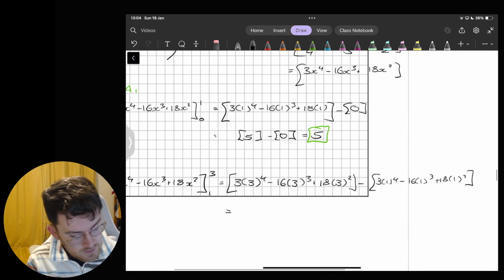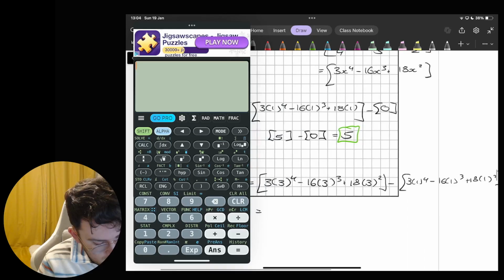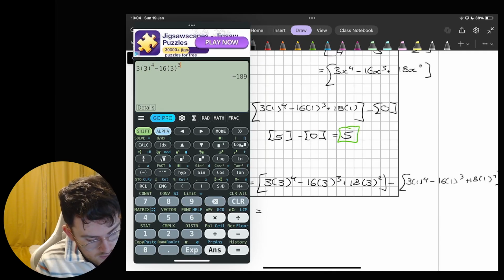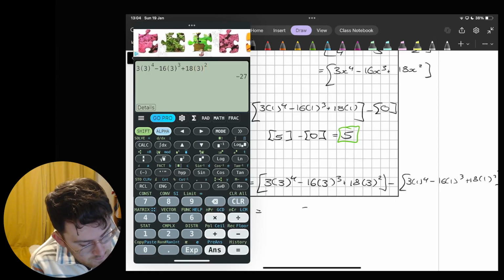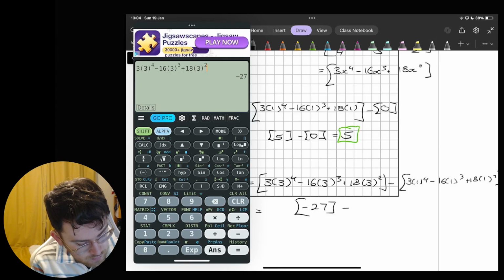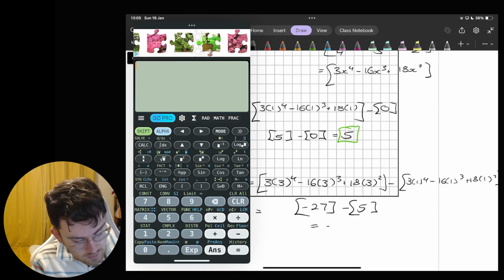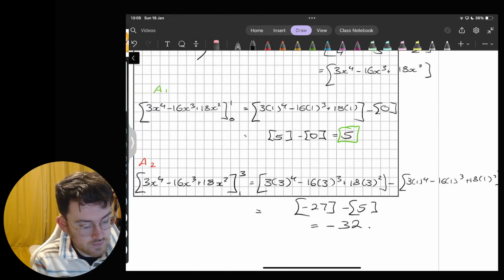Okay, so let's work these out. We'll start with the 3 first of all. So 3 times 3 to the power of 4 minus 16 times 3 cubed plus 18 times 3 squared gives 27, minus the 1, which we already know is 5. So that's going to give me minus 32.